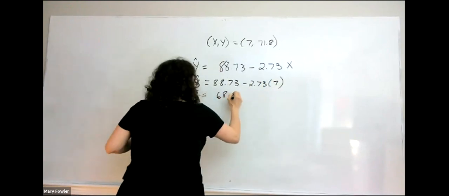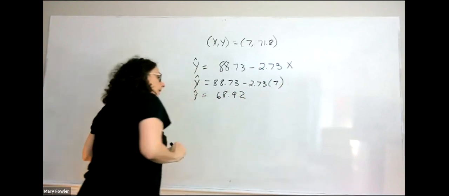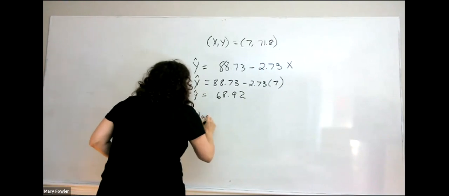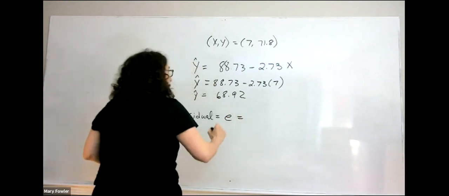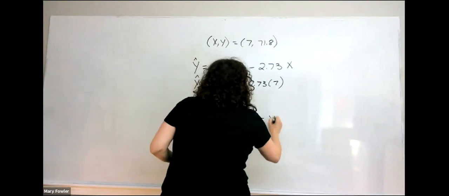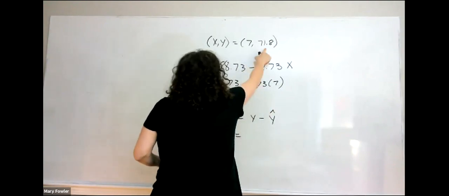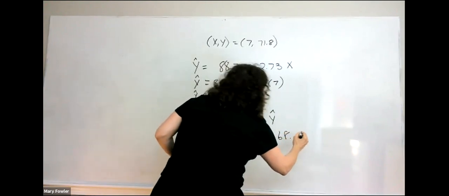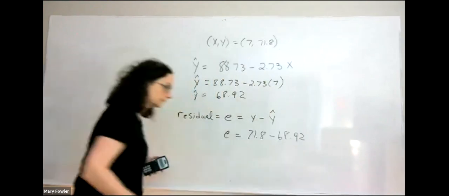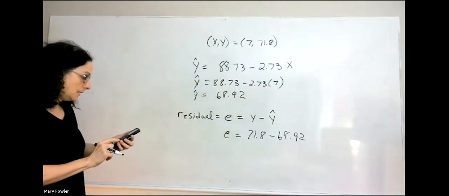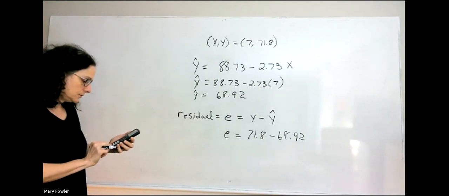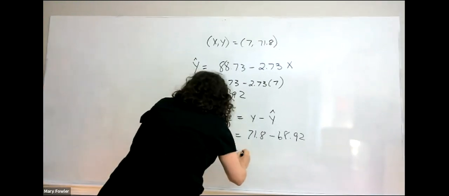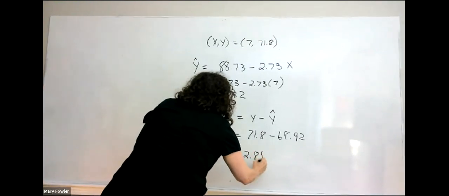And that's 68.92. That's my y hat. So my error term, my residual, is going to be y minus y hat. 71.8 minus 68.92. Okay, and we want to subtract. So my error term is 2.88.